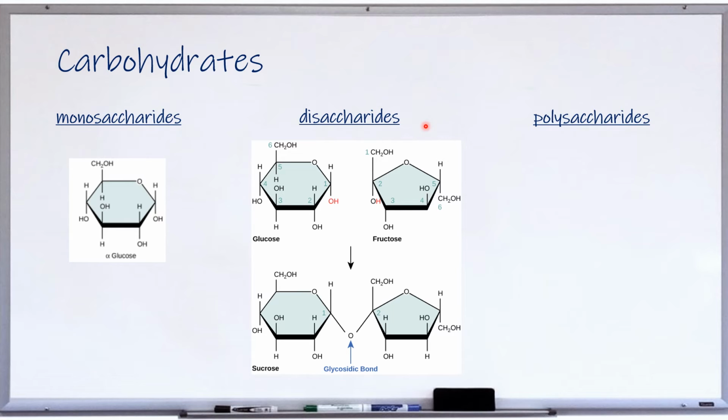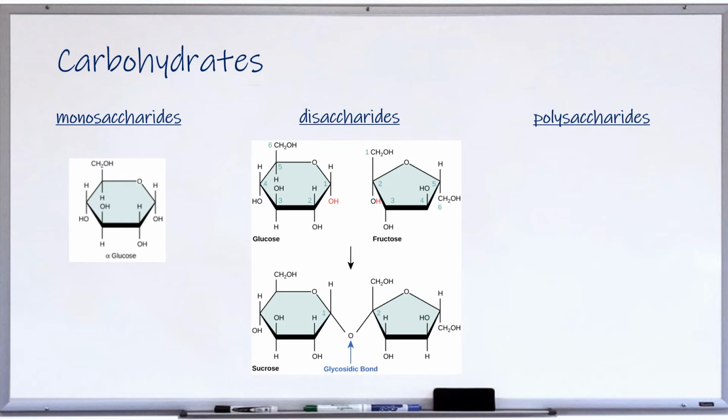That's the dehydration part. And then the bonds left open by the leaving of the hydroxyl and the hydrogen form together through this glycosidic bond. And then we have a sucrose which is made of one glucose monomer and one fructose monomer. So this is the synthesis. Dehydration, loss of water, synthesis, new molecule being made. Sucrose is table sugar, by the way.